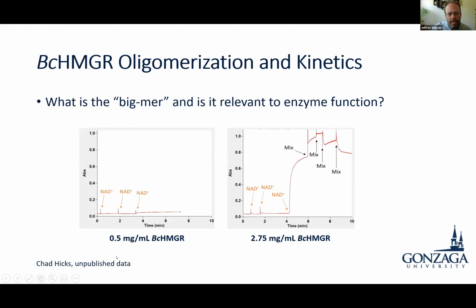So at lower enzyme concentrations, and if we add substrate here, you can see just a little bit of an increase in the optical density at 800 nanometers. So really all we're doing is a quick and dirty check to see if there are large enough particles in solution to scatter light.